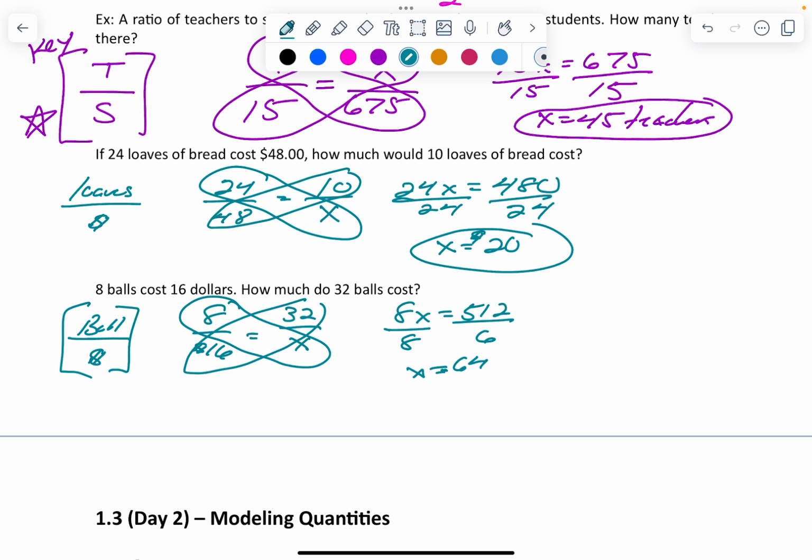All right, so how much do 32 balls cost? Looks like $64. And that seems about right. Looks like it's $2 a ball.